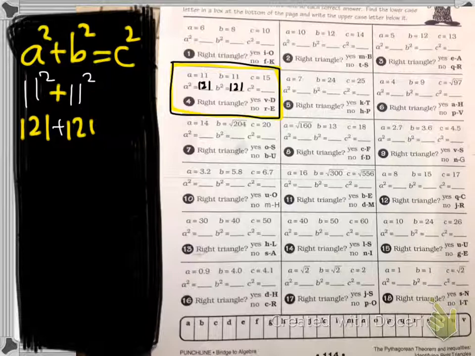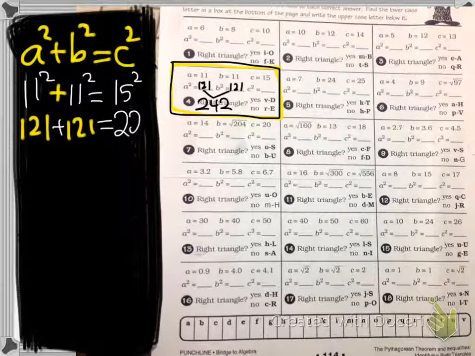So if you add a squared with b squared, if you combine these two, you get 242. And now the question is, will that equal c squared? So 15 times 15 is 225.